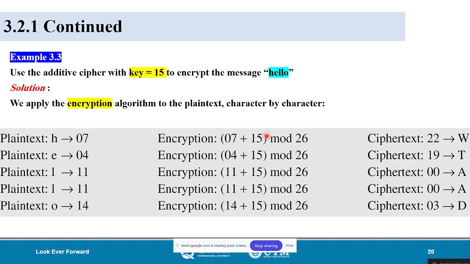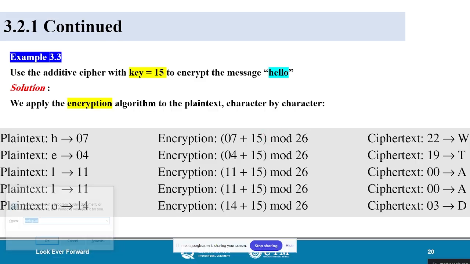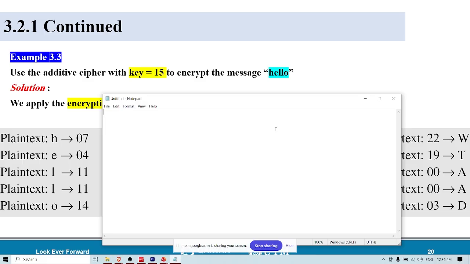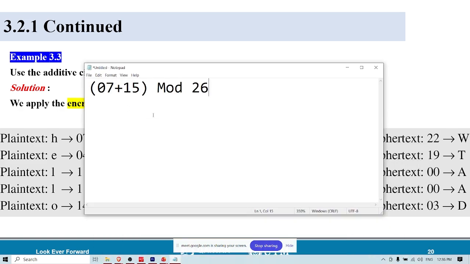Okay. And I will do only one for you, just so you know. Let me use Notepad. I would say that 7 plus 15 mod 26. Now you can see, right?